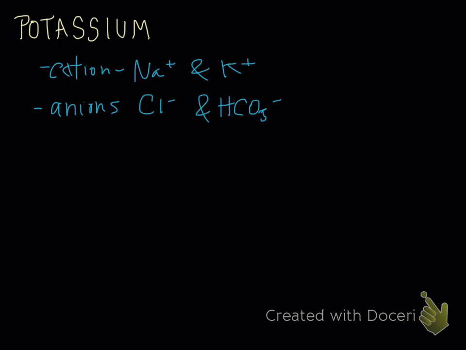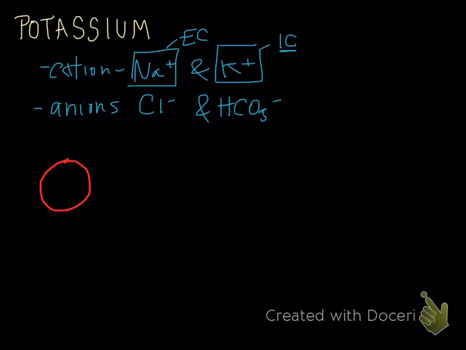The primary extracellular cation is sodium, so that one's extracellular. And of course the primary intracellular cation must be potassium. So it mostly lives intracellularly, because it can cause problems when it's really high. So most cells, let's draw a cell, are very, very rich in potassium.